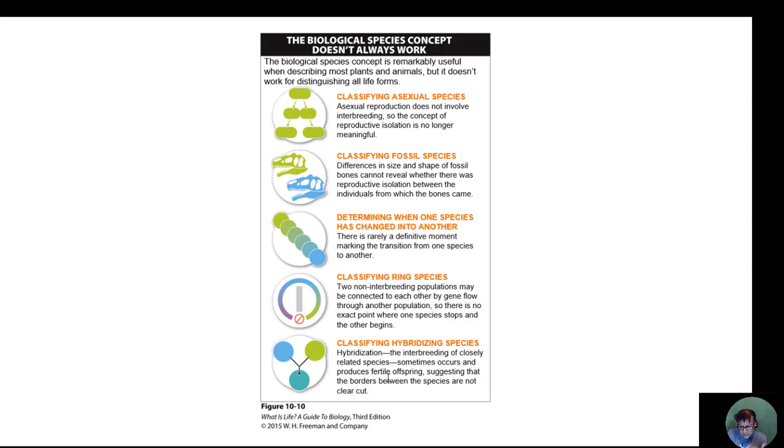And produces fertile offspring, suggesting that the borders between species are sometimes not really that clear cut. And so there's always this gray area. There's always this potential difference that doesn't completely fit the definitions in biology, right?